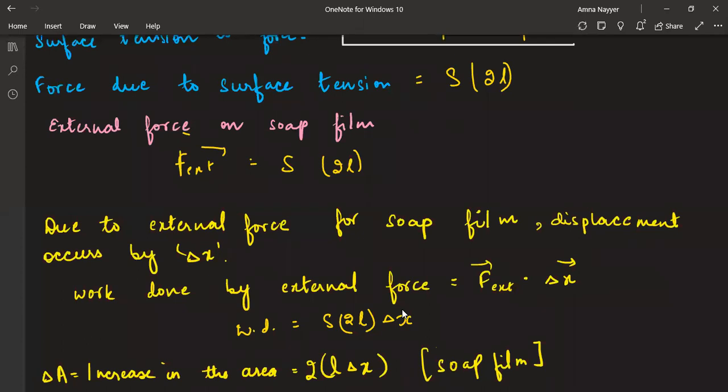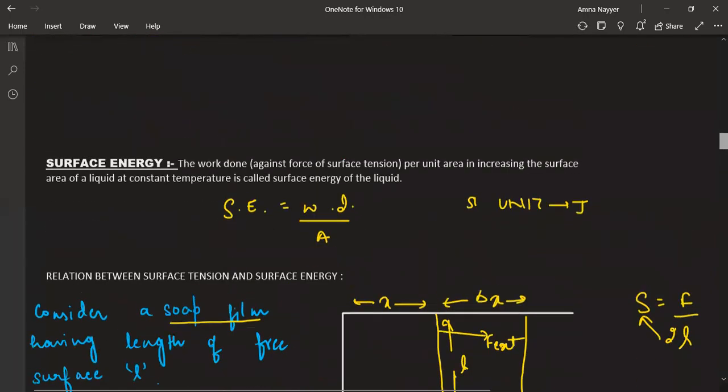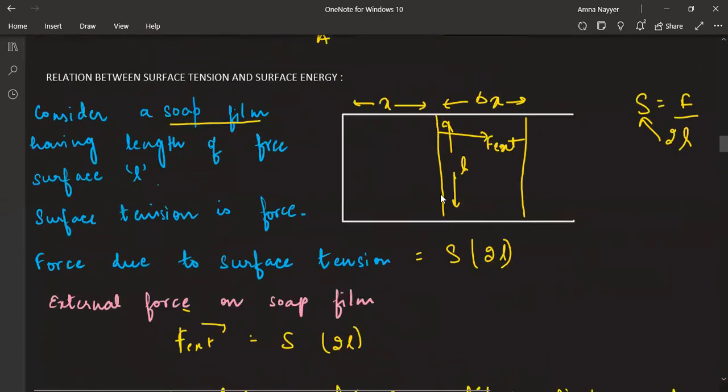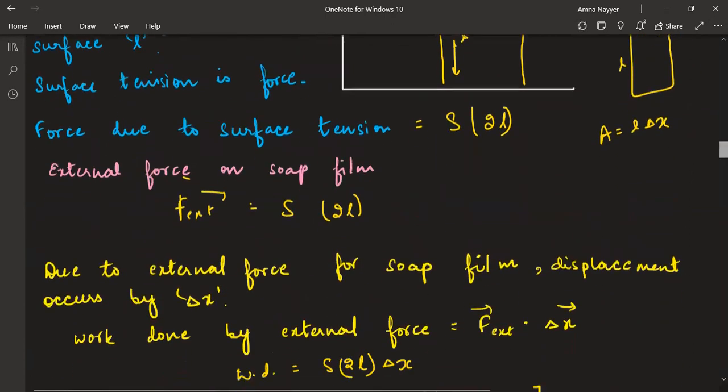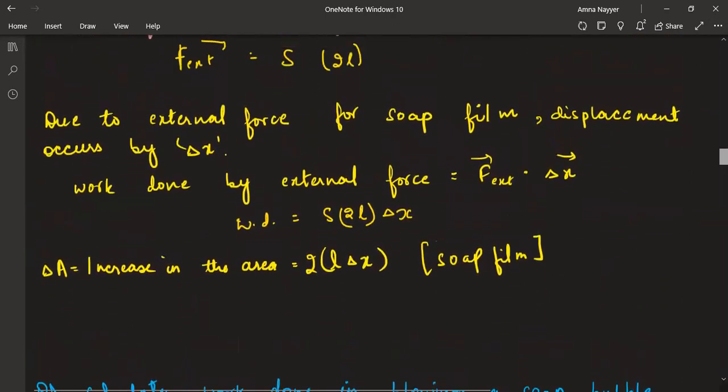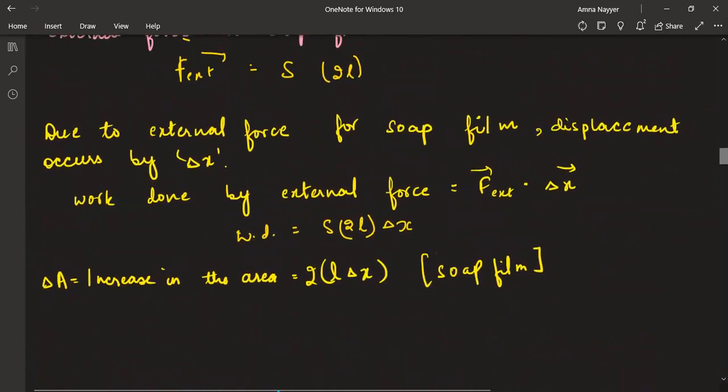So the increase in area: see here how we will calculate the area. This is the length, this is the breadth. If the rectangle is formed like this, with delta X and L, the area will be L into delta X. And what did I say? Whenever you are considering a soap film, it will be double.